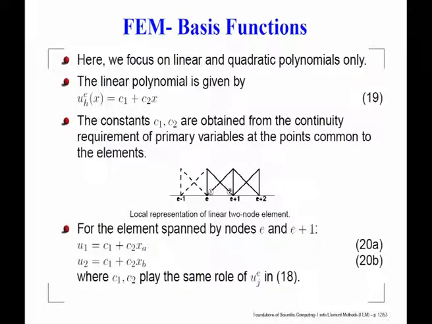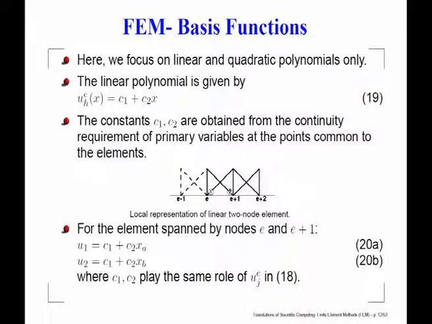We need to find C1 and C2 at the same time, to ensure continuity of the system across the nodes. We always want these polynomials to be such that at nodes E and E plus 1 there is absolute continuity of the elements.